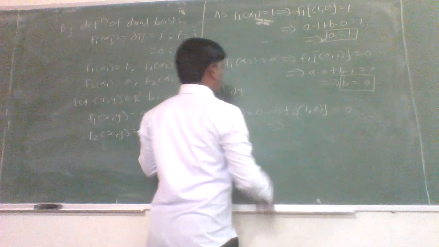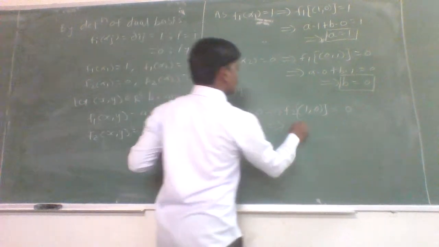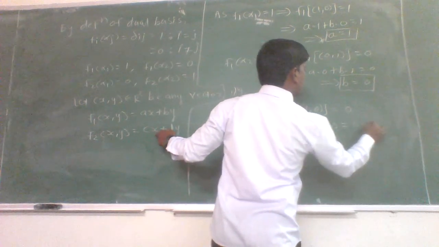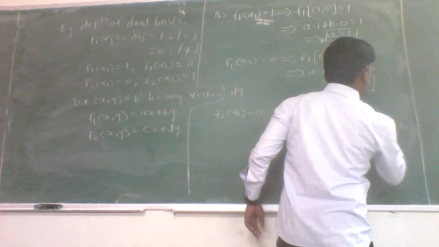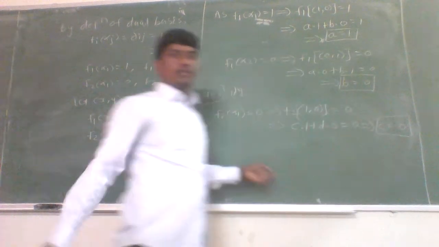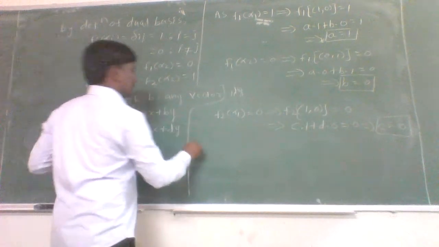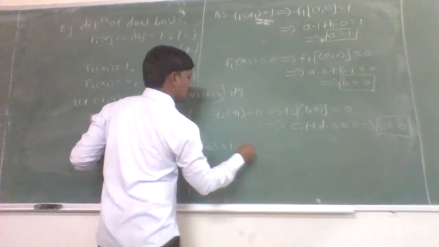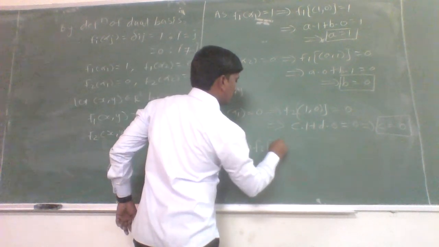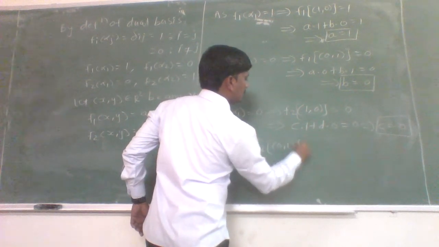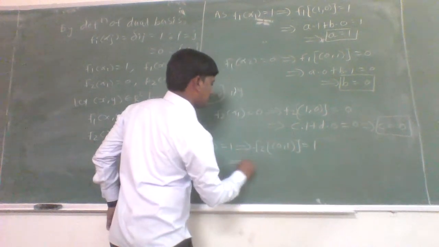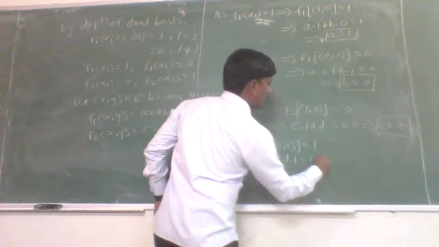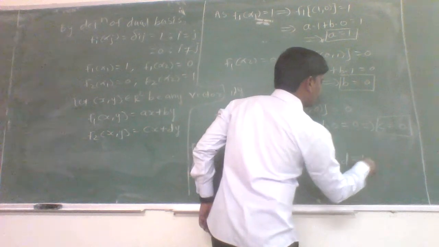That is c into 1 plus d into 0 equal to 0, that is c equal to 0. And now F2 of alpha 2 equal to 1, which implies F2 of (0, 1) is equal to 1. That is c into 0 plus d into 1 equal to 1, which implies d equals 1.